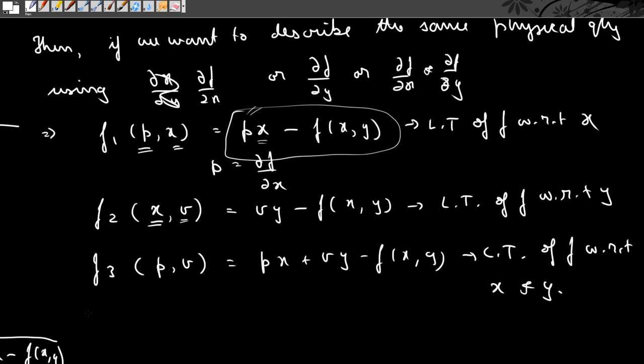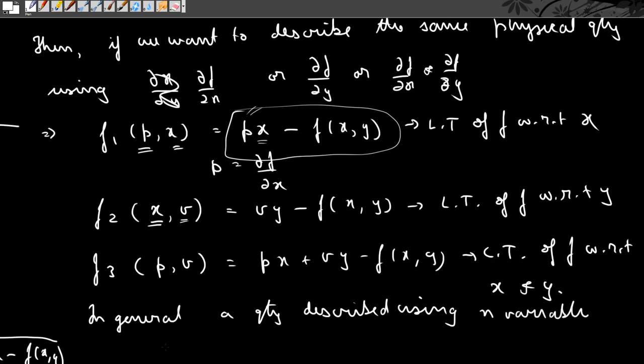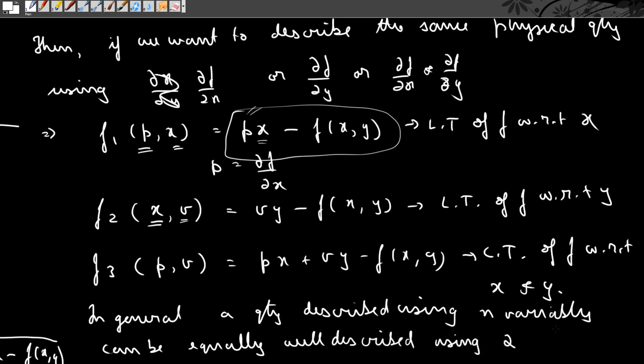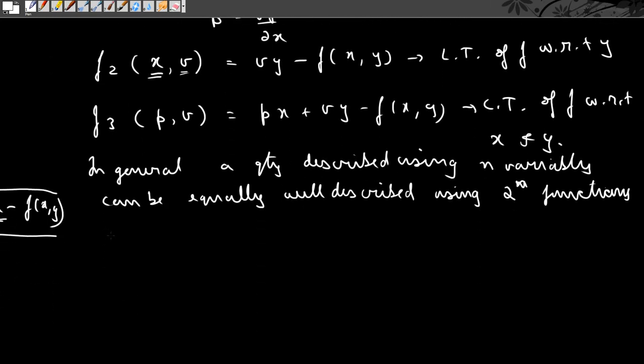So in general, a quantity described using n variables can be equally well described using 2 power n functions derived using the Legendre transform.